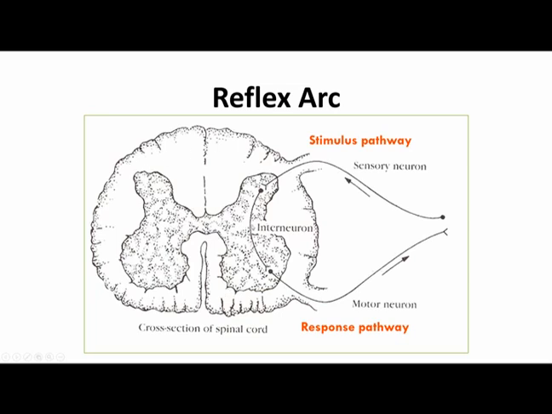And then there's an interneuron, where it's going to be making the connection between that incoming information and the outgoing command, basically. So the interneuron takes that information from the sensory neuron, makes a sort of shortcut decision here, and then there's an outgoing command along the motor neuron, and that motor neuron connects to the muscles that are going to cause whatever the reaction is going to be.